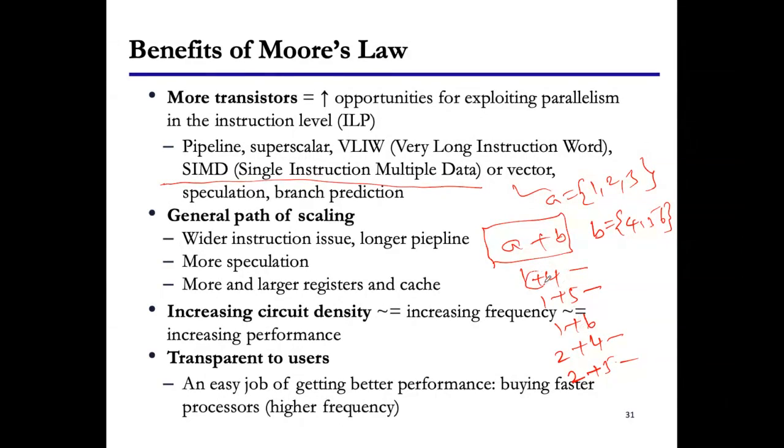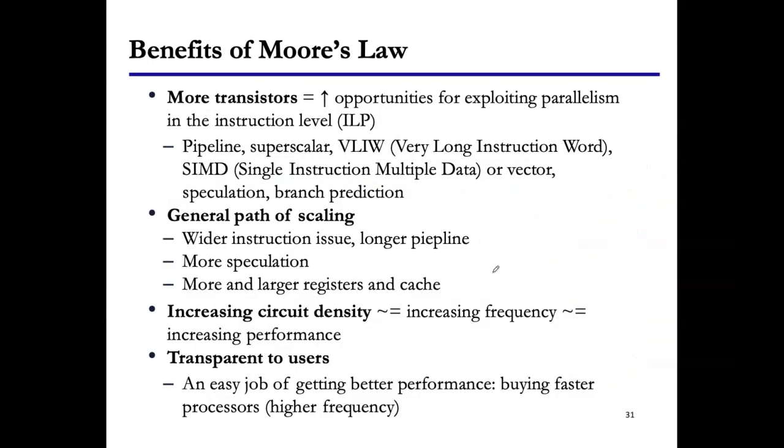That means everywhere you are finding only the addition operation, a single instruction, but every time the data is changed, multiple data. So single instruction, multiple data, or vector processing, is possible by increasing transistors under Moore's law, and that is a benefit of Moore's law.